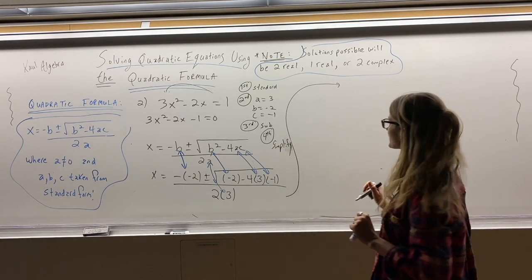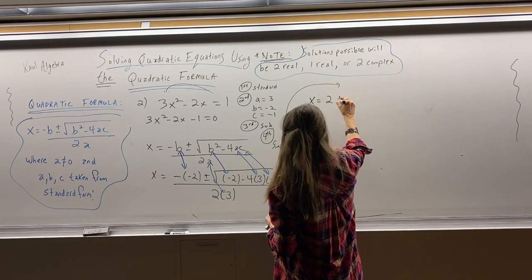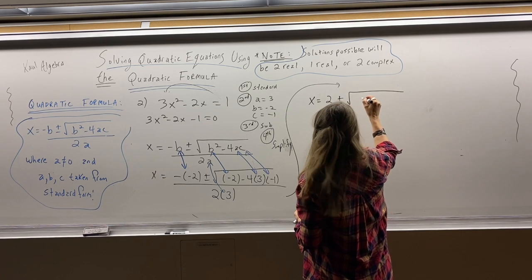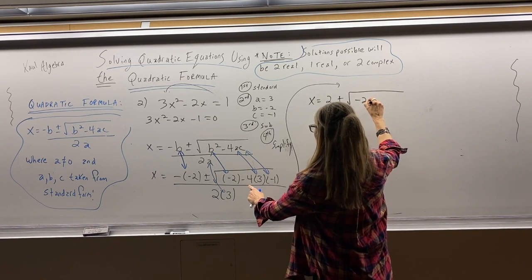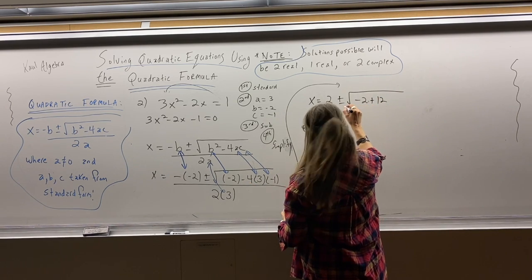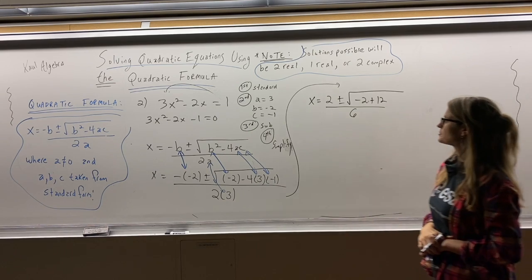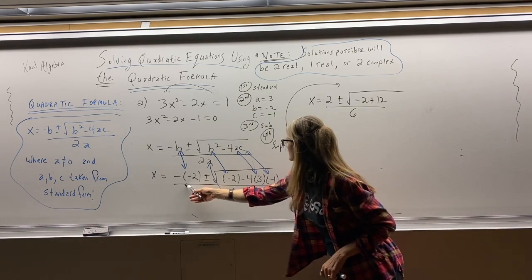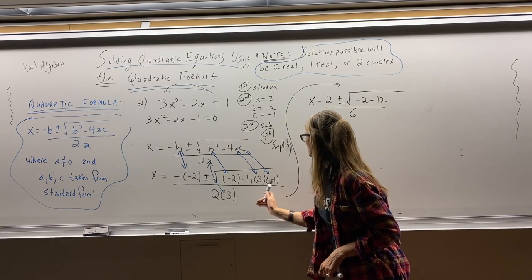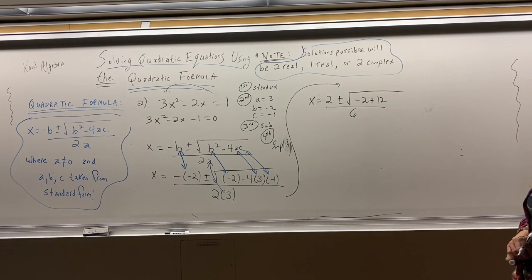So to simplify this, I have x equals 2 plus or minus the square root of minus 2 plus 12 over 6. Okay, double checking everything. Positive 2 minus 2 looks like plus 12 there. A is 3.